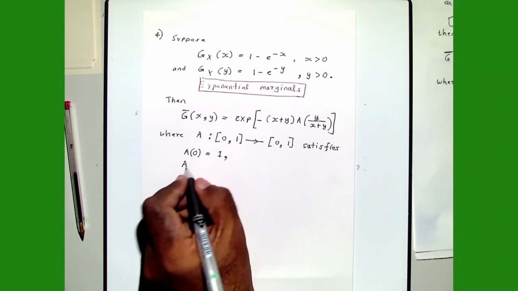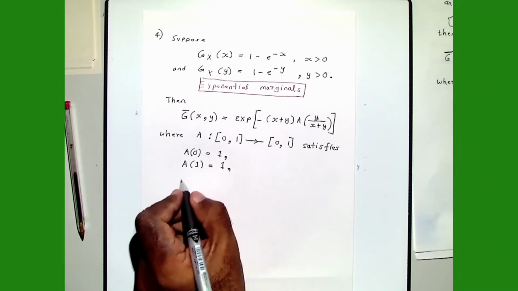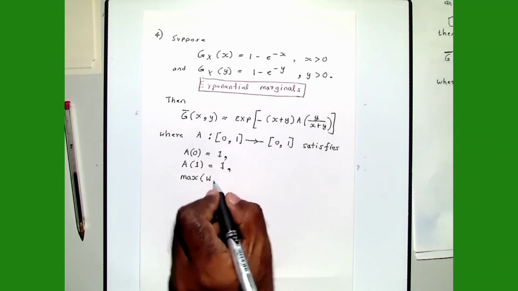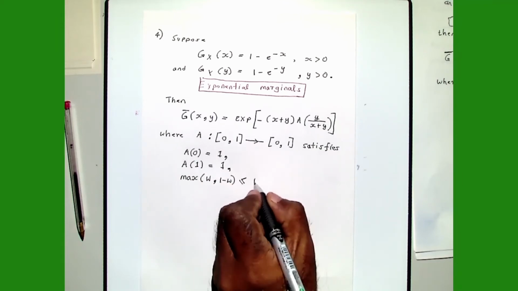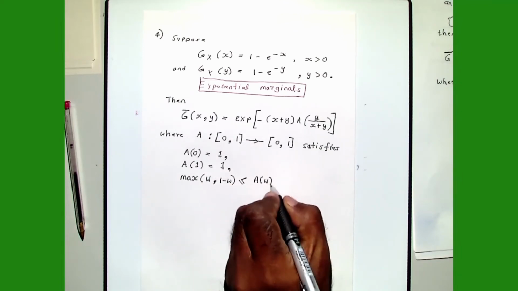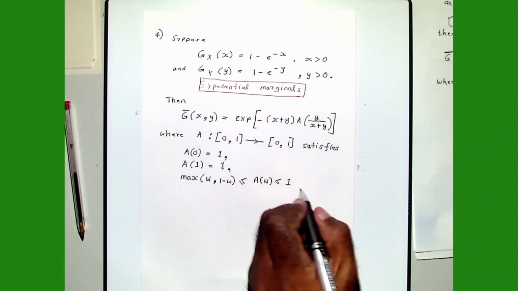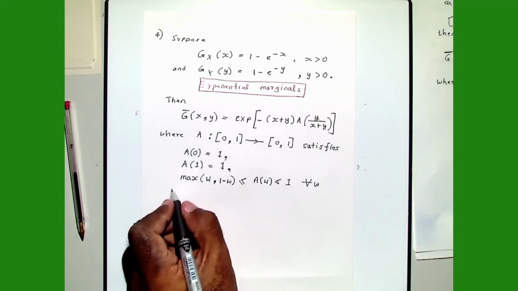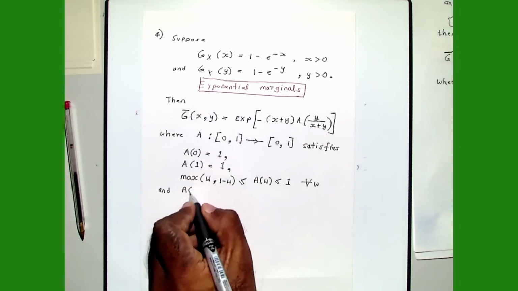A at 0 equals 1, A at 1 equals 1, and A of w must lie between these two for all w, and finally A must be convex.